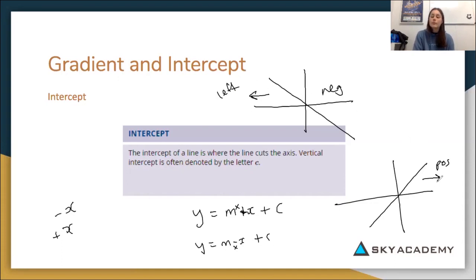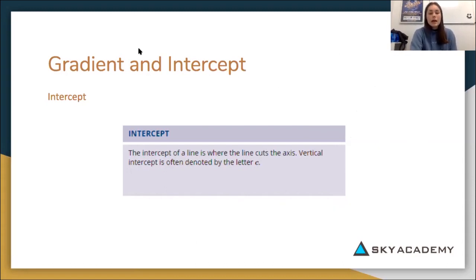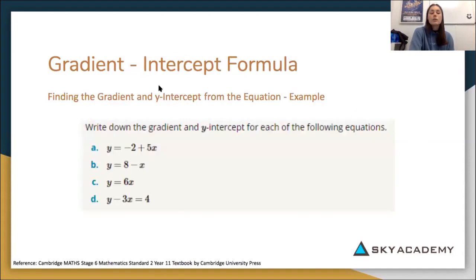So let's have a go now at identifying our gradient and our y-intercept. The question says, write down the gradient and y-intercept for each of the following equations. If I write down our gradient intercept formula, we have y equals mx plus c.